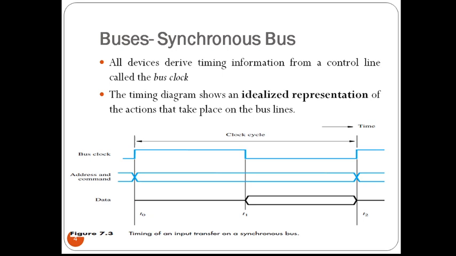You can see both the lines here. The upper line indicates high and the lower line indicates low. We are showing both, high and low at the same time, because that depends on the particular address or data pattern that is going to be transmitted. Do not worry about this.